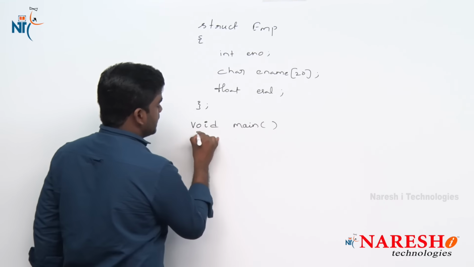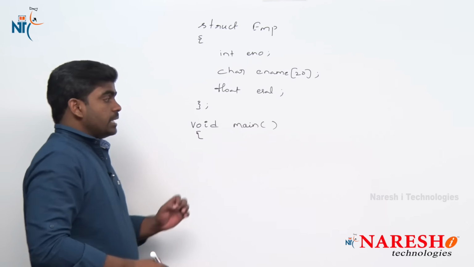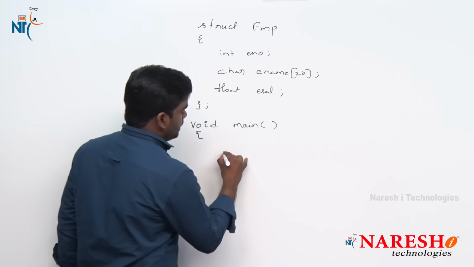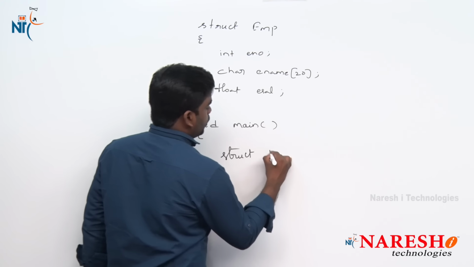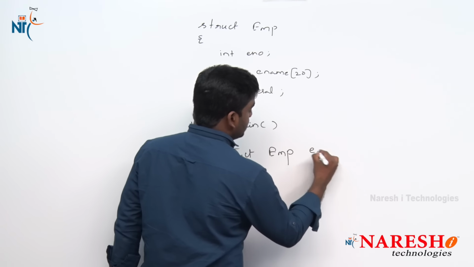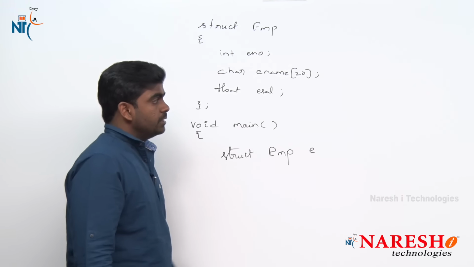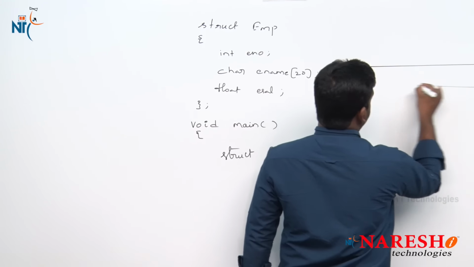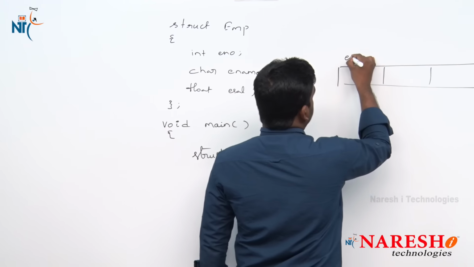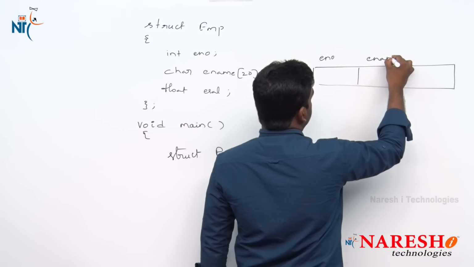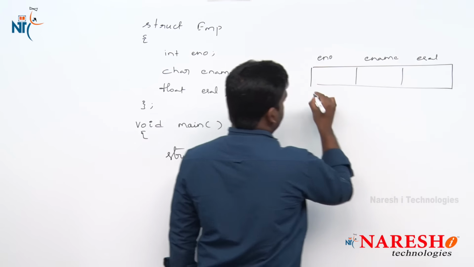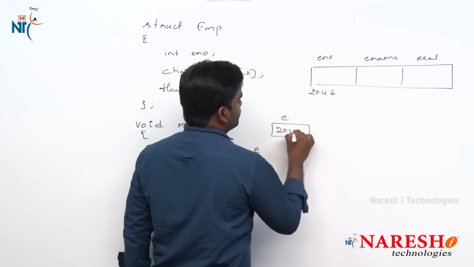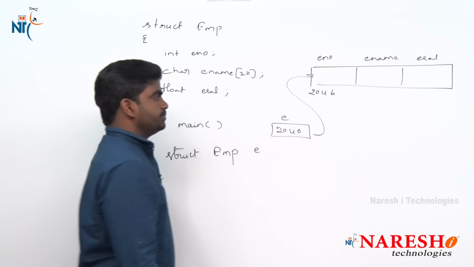Inside the main method, in the process of declaring a structure variable, struct employee E. In the variable declaration, E gets memory allocation, we know already, at some location; employee number, employee name, employee sal get memory allocation, and of course E holds the base address, it is pointing to this location.